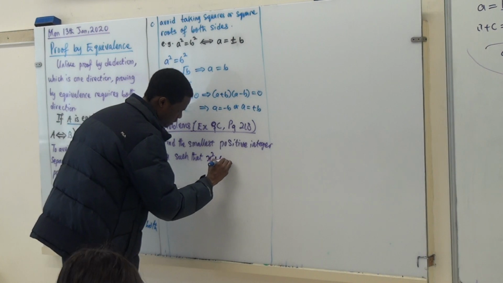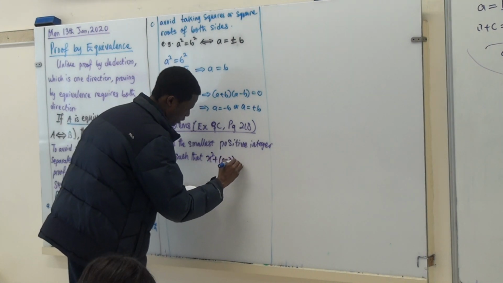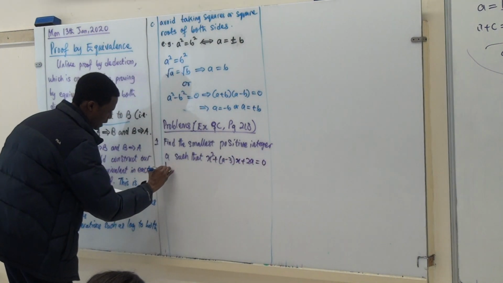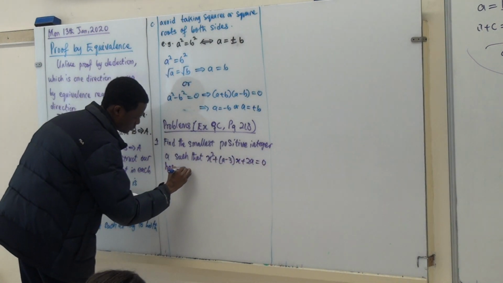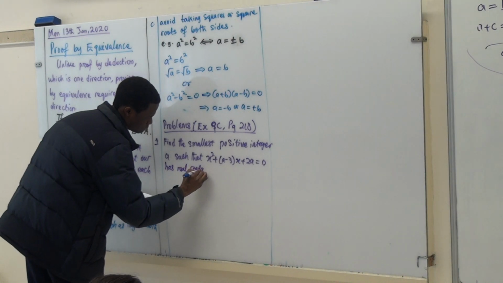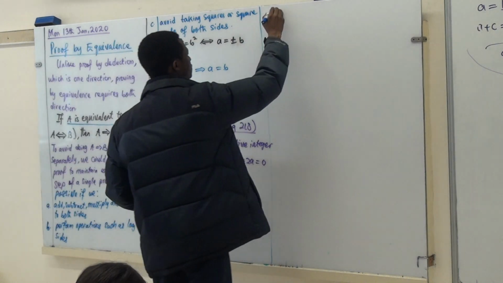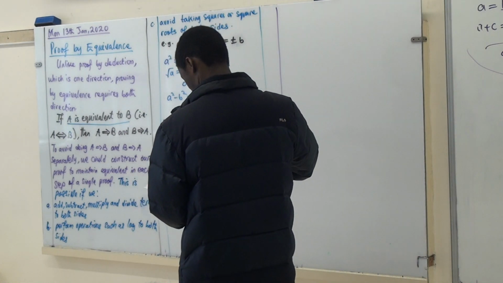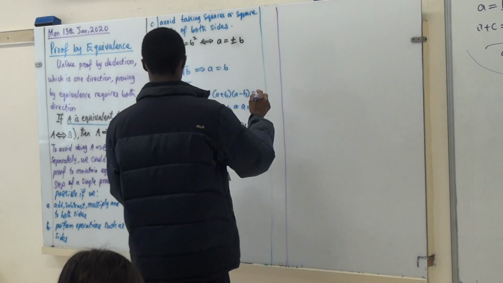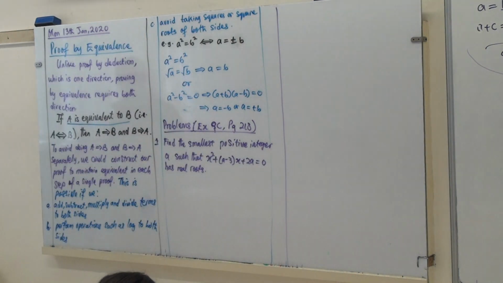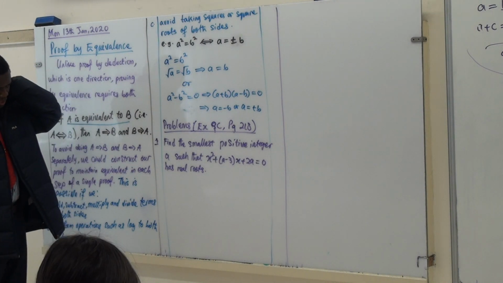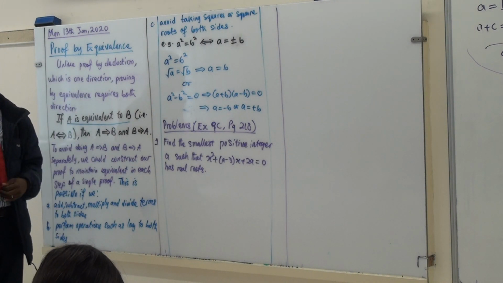Such that this x plus 2a is equal to 0 has real roots. Okay, let's do this together. Everybody pay attention. Find the smallest positive integer a such that that quadratic equation has real roots.